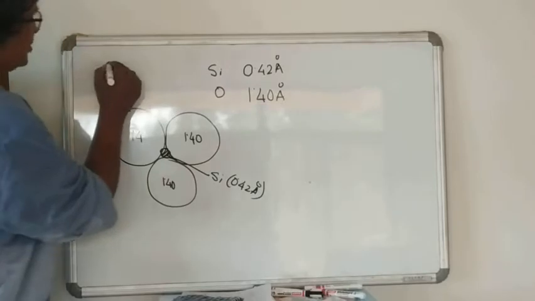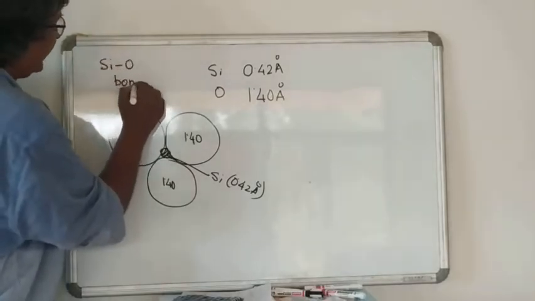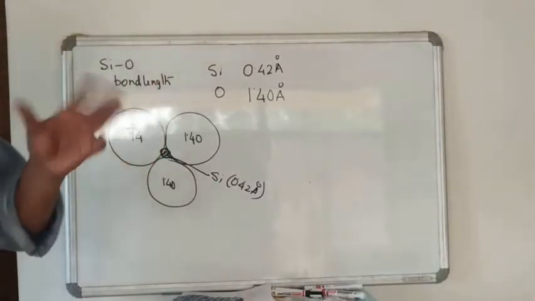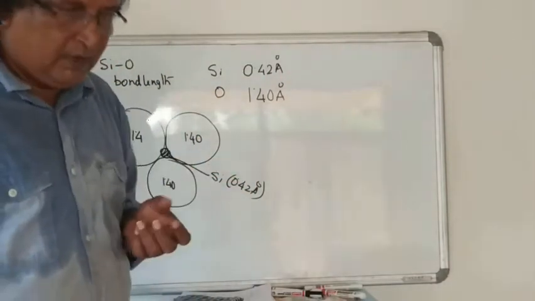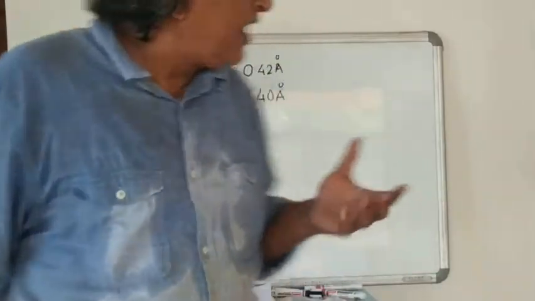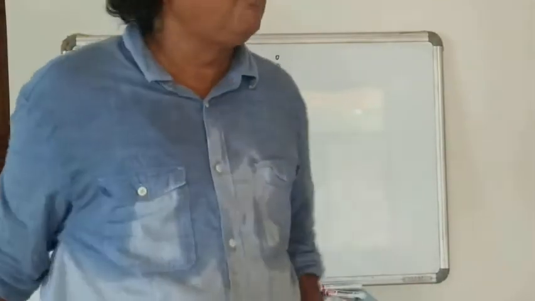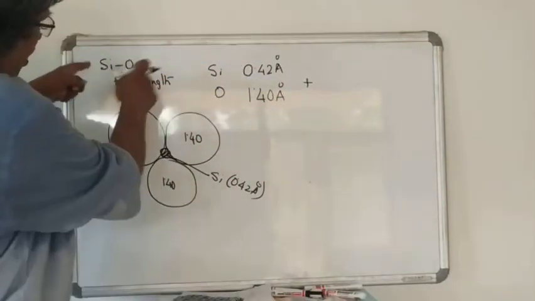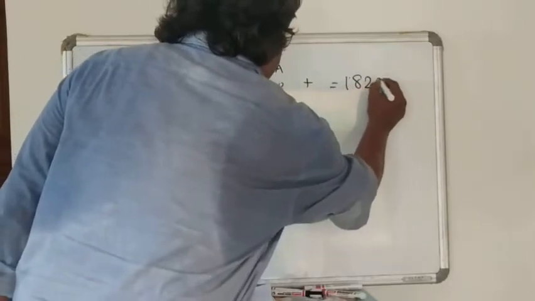So you have what is called the silicon-oxygen bond length. Ideally, if silicon and oxygen behaved in a very ionic way, as incompressible spheres touching one another, then if you add them up, the silicon-oxygen bond length should be equal to 1.82 angstroms.